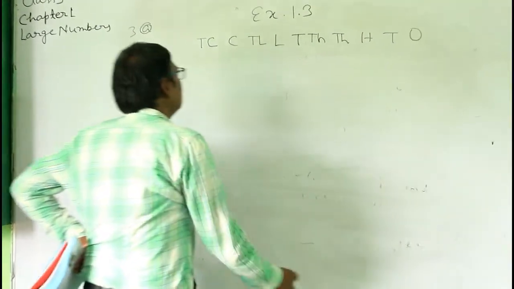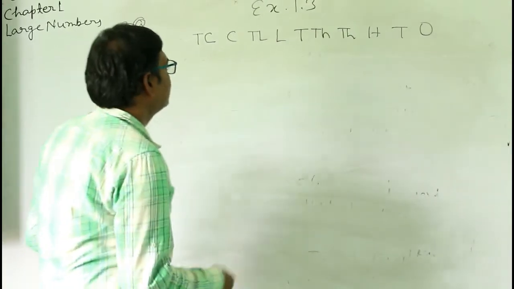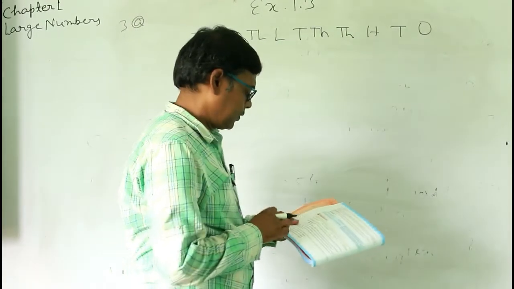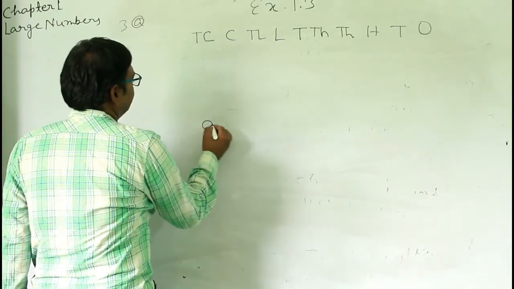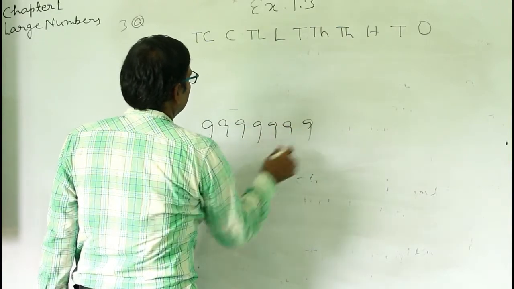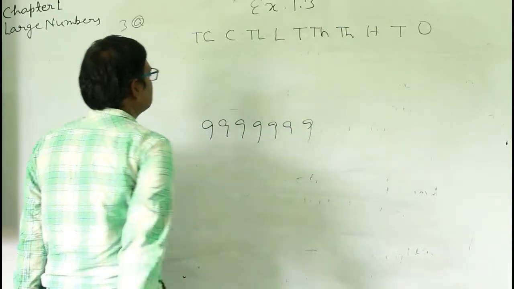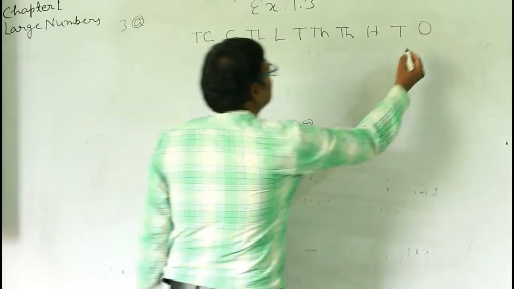So this is for the Indian system. So this is the 7-digit number. So start writing. You know that the largest 7-digit number is 9999999. So this is the largest 7-digit number. Now write everywhere, that is, here 9.